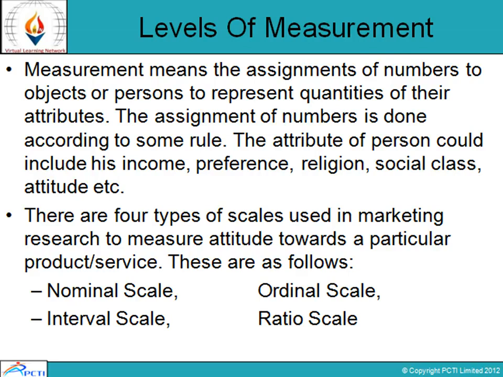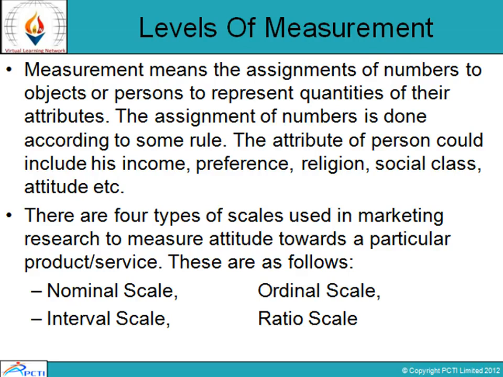The classification of persons, objects or events is basically done on the basis of letters of the English alphabet. For example, in a market research activity, labeling males as A and females as B. The only mathematical operation performed on nominally measured data is the count in each category.